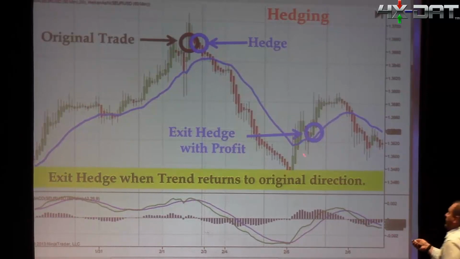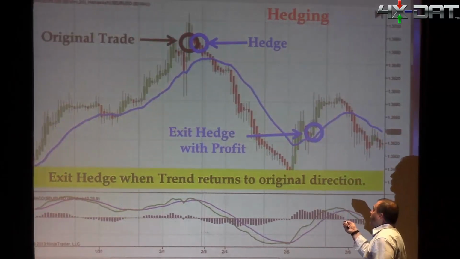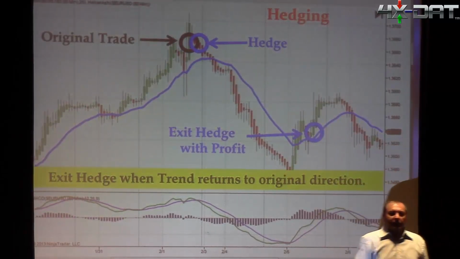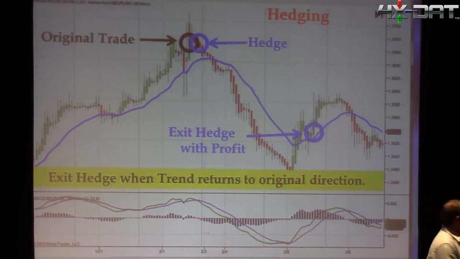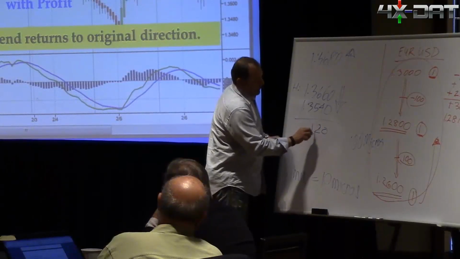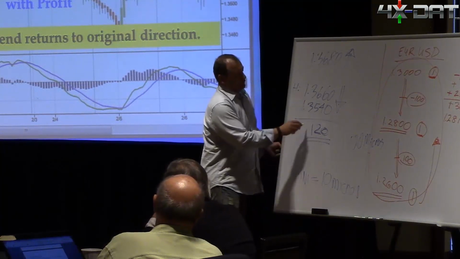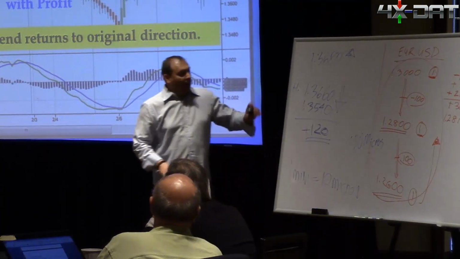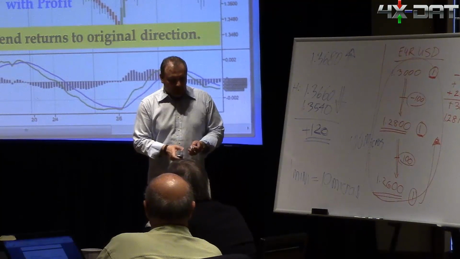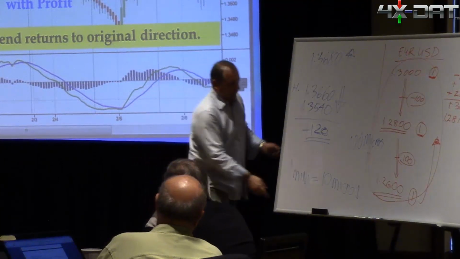Now, would it be safe to say that this hedge is in profit? The second trade? Yes. Right? How much? 120. We just made 120 pips on our hedge. Now, by doing this, keep this in mind.